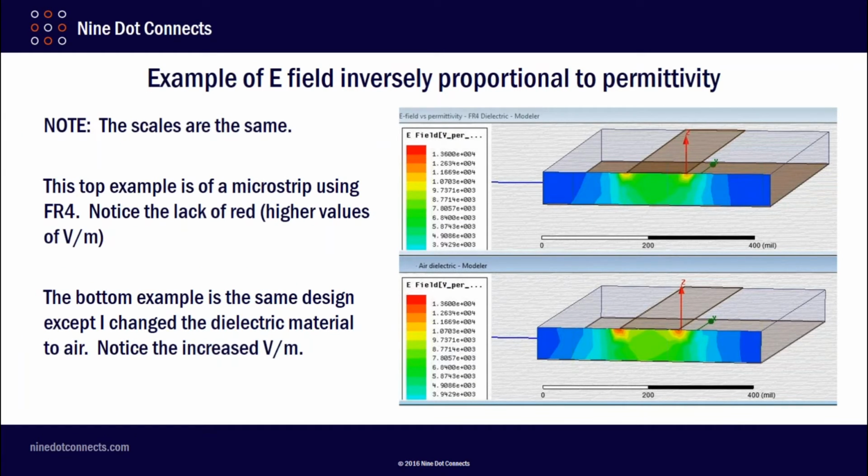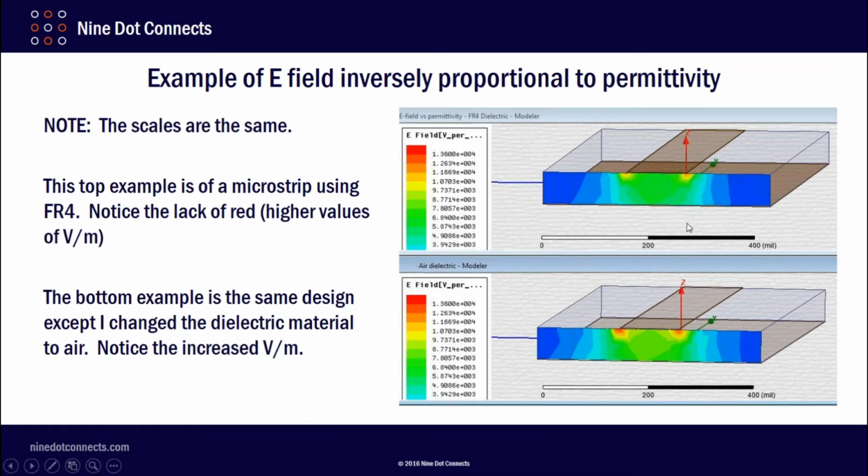Now let's get to the meat, the practical application. Here's an example of an E field inversely proportional to the permittivity in two different substrates. I used HFSS for this to show you all how the E field is dependent upon the permittivity.